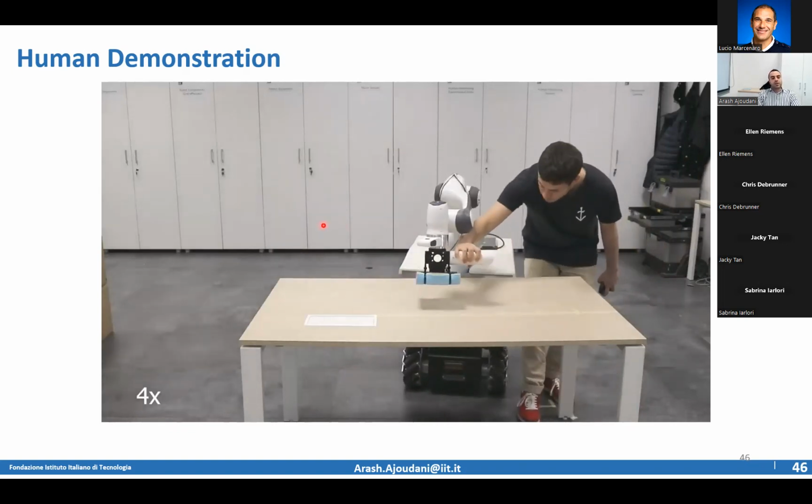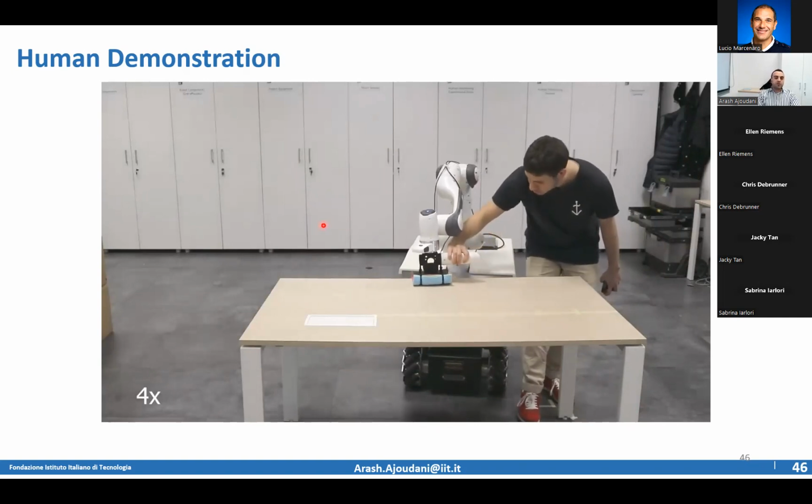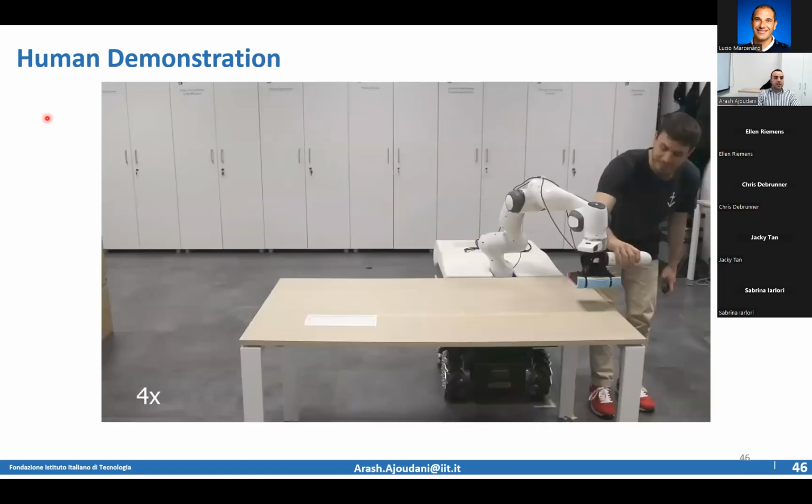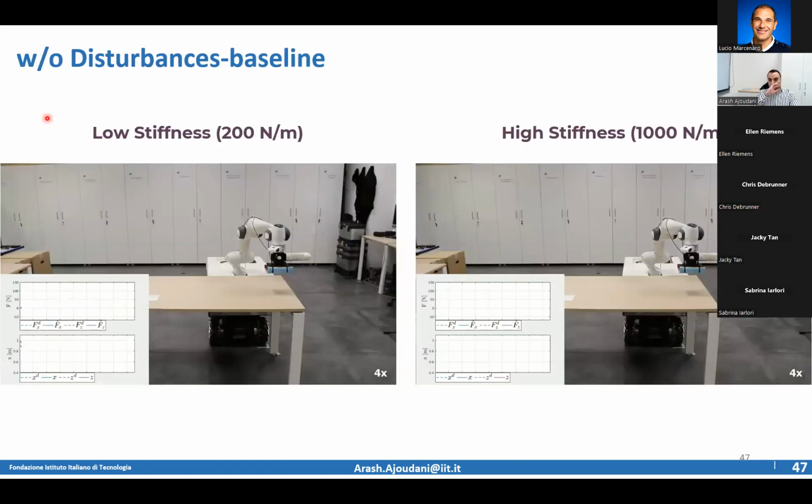So when you learn these behaviors and put them in the framework that I was mentioning to you, initially we wanted to see if the algorithm can cope with constant stiffness values. So you learn the desired behaviors, but you do not change the stiffness. Of course, the robot will start replicating the behavior, especially in low stiffness.